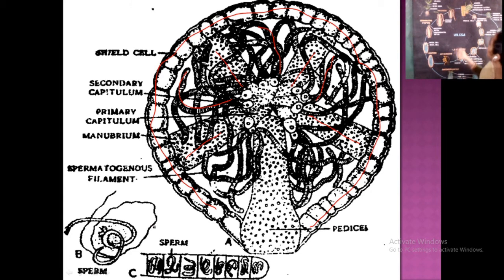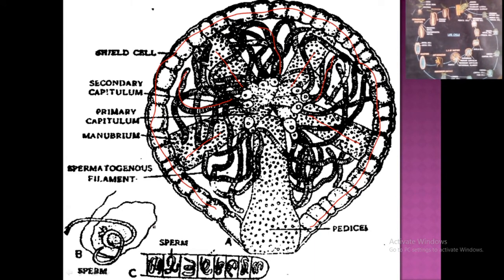Looking here, you can see that structure. I will show you a closer view. See, this is the structure of that manubrium. This blue colored structure is the manubrium, and this center structure is the primary capitulum, and its branches are the secondary capitulum.